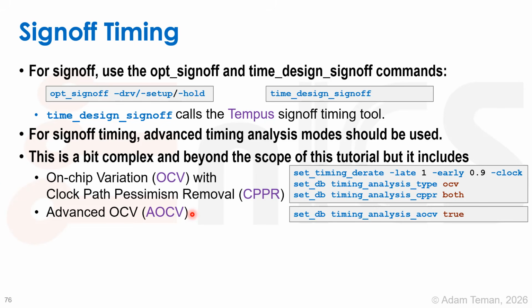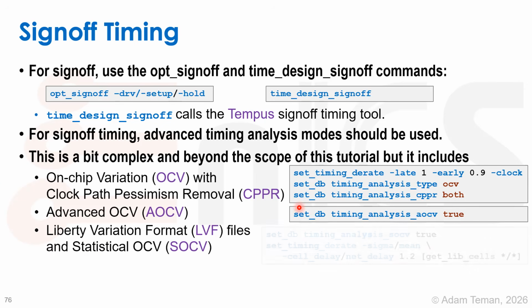So if you have one flop or one gate on one side of the chip and the other gate on the other side of the chip, then obviously there's a good chance there's going to be high OCV. But if they're right next to each other, then probably they're not going to be that different from each other. So if you provide some physical locations for the cells and so forth, AOCV can also remove pessimism for smaller areas. And so that is done with setDB timing analysis AOCV true.